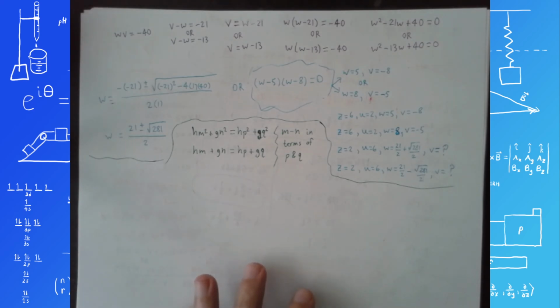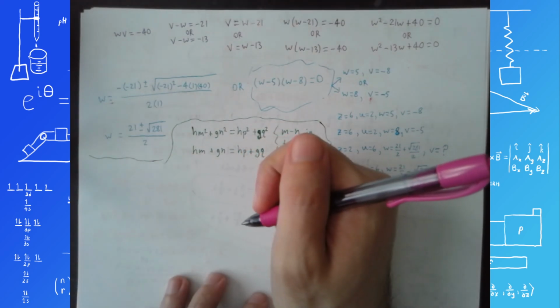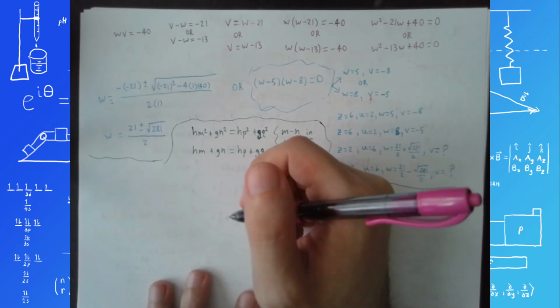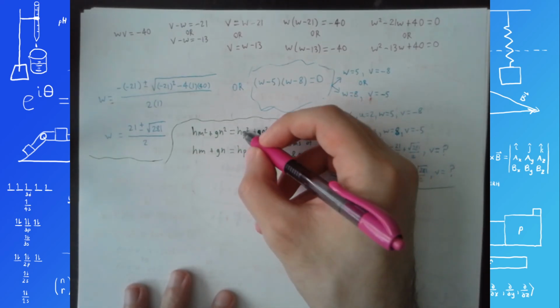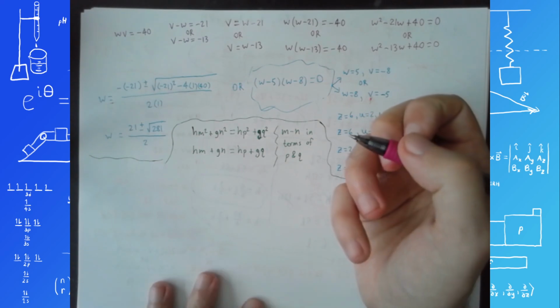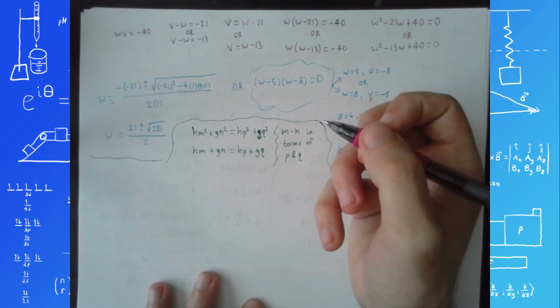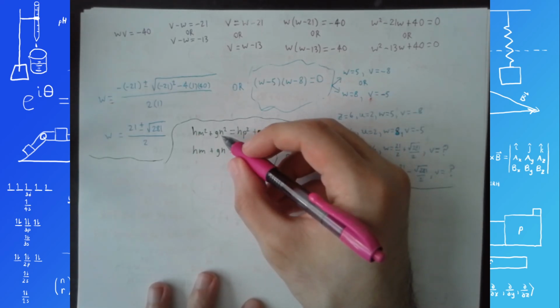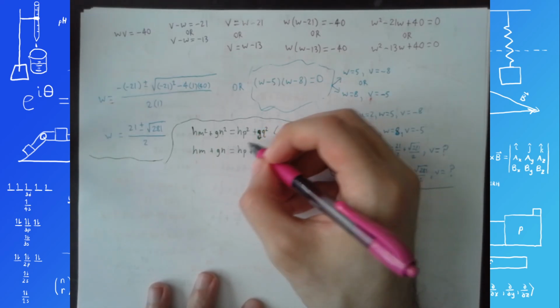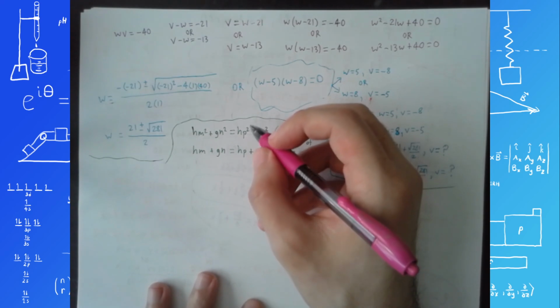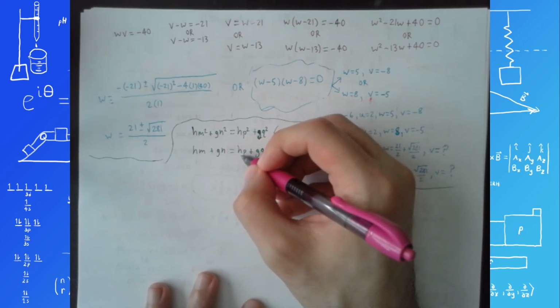So what I'm going to do is group all the h terms on one side and all the g terms on another side and factor out the h on one side and the g on the other side. So I'm going to subtract hp squared on both sides and subtract gn squared on both sides for the top equation, and then I'm going to do similar for the bottom equation.